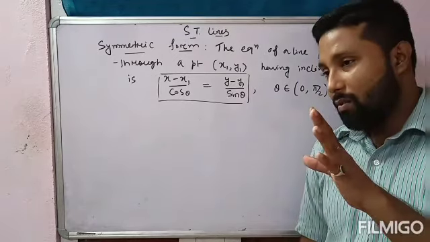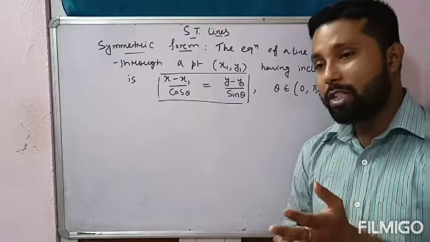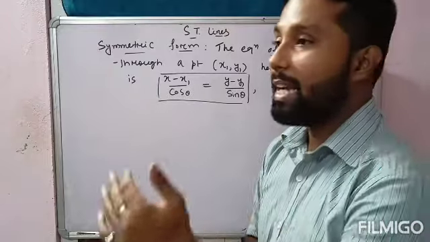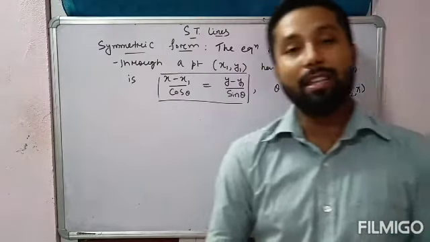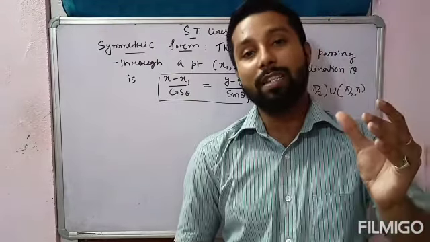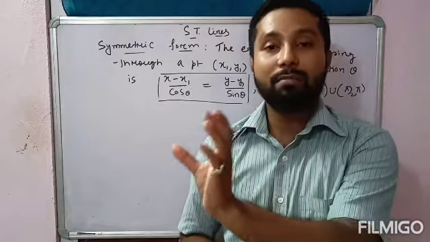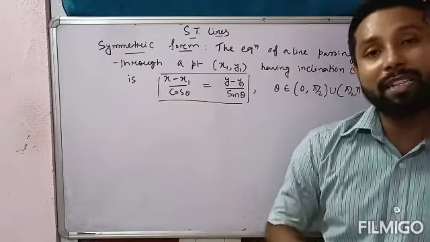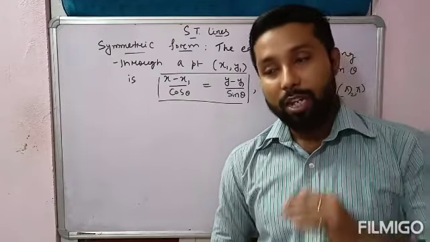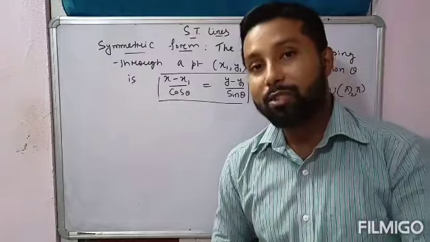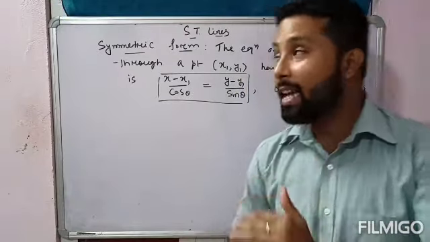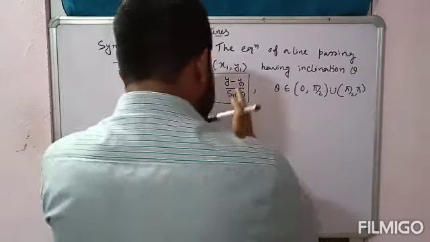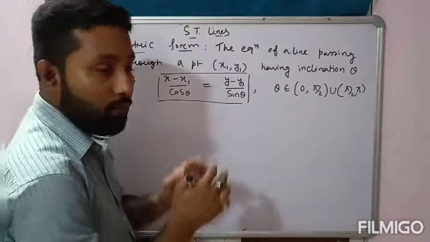Actually, when I discussed the equation of a line in point slope form, that time I used the formula y minus y1 is equal to m into x minus x1, right? वही फॉर्मूला से ये सिमेट्रिक फॉर्म डिराइव हुआ है. इक्वेशन ऑफ ए लाइन इन पॉइंट स्लोप फॉर्म का जो फॉर्मूला है वही फॉर्मूला से ये इक्वेशन को डिराइव किया गया है. ऑलराइट, ओके. सो इसका ये इक्वेशन कहां से आया वो मैं अभी बताऊंगा.